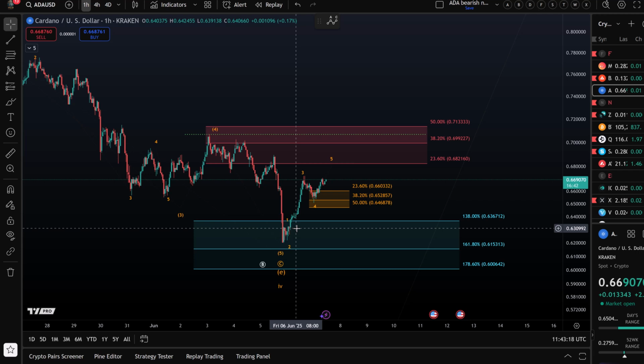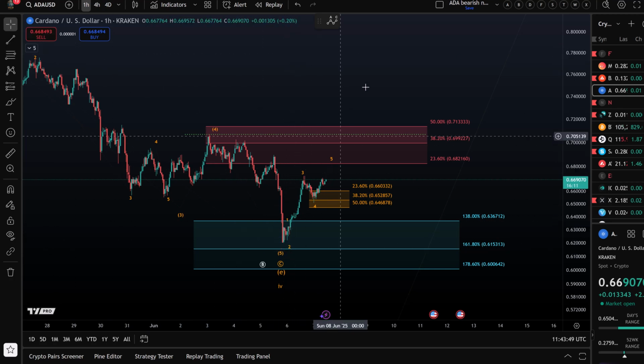So I shared earlier today already in our member update a small micro support area between 64.6 cents and 66 cents that just needs to hold to keep the pressure up, the buying pressure or the upside reversal potential, to get a first micro 5-wave move up, because those micro 5-wave movements to the upside give us the first real indication that the trend is shifting from a downtrend into an uptrend.